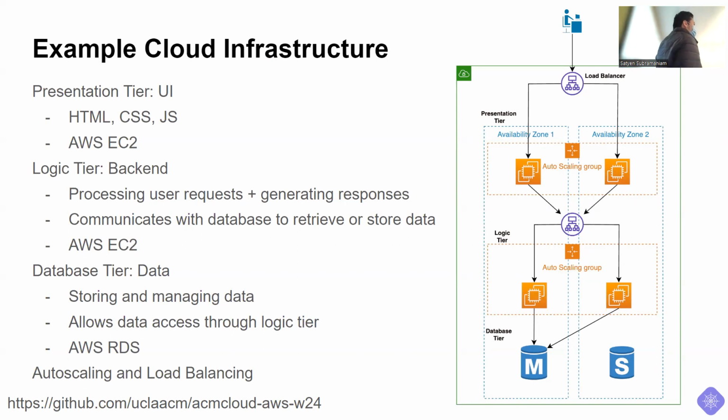Again, auto scaling just handles how many instances to run based off how much load there is. And load balancing is just being able to balance different requests onto each of the instances, so not one instance becomes overloaded.